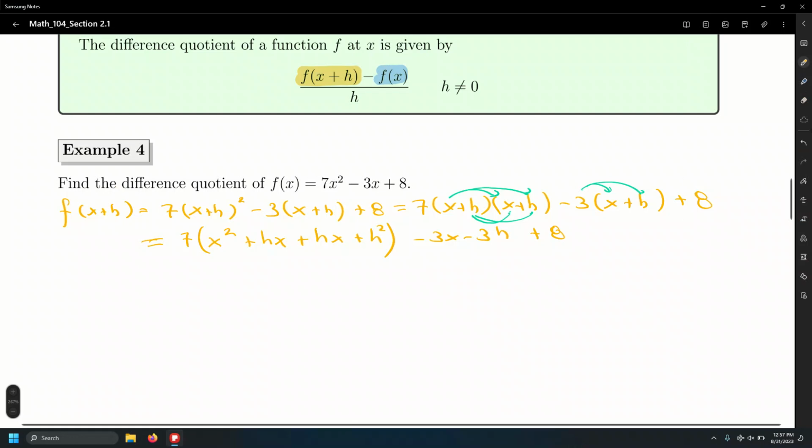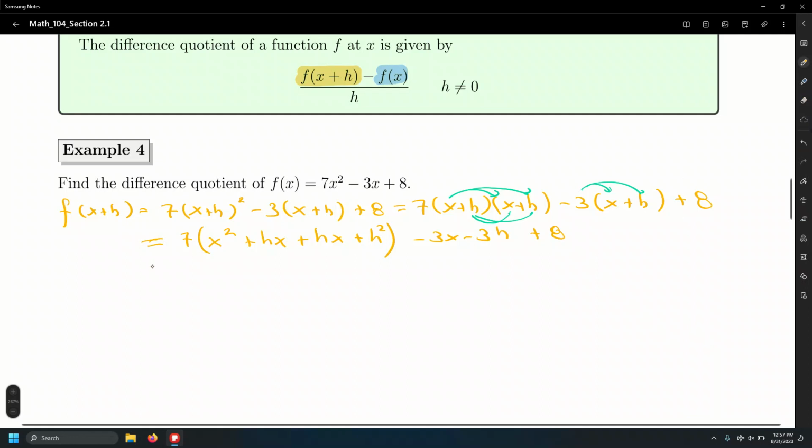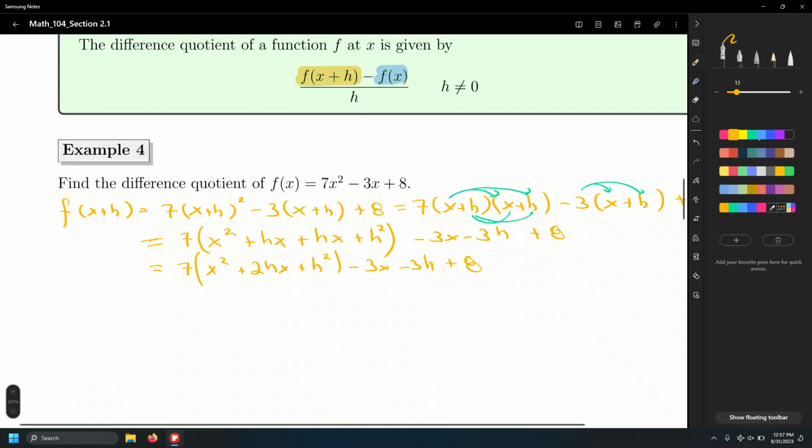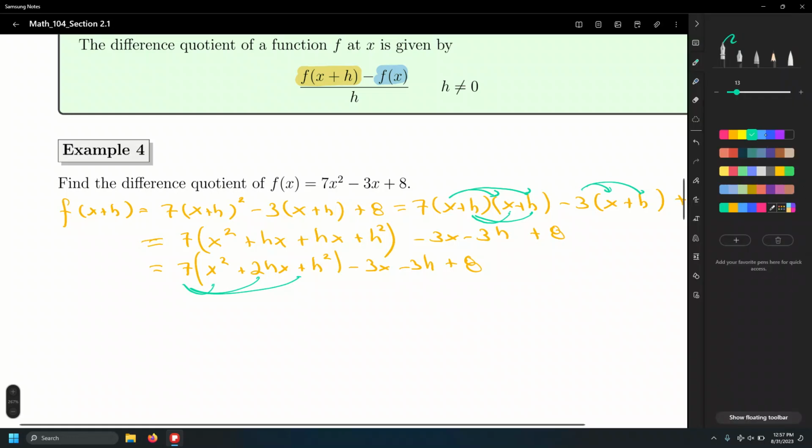H squared. So now we're going to distribute the 7. Oh, first we combine the like terms. That'll be 7 times parentheses, x squared plus 2hx plus h squared, minus 3x minus 3h plus 8. All right, now let's distribute the 7 over all these parentheses.